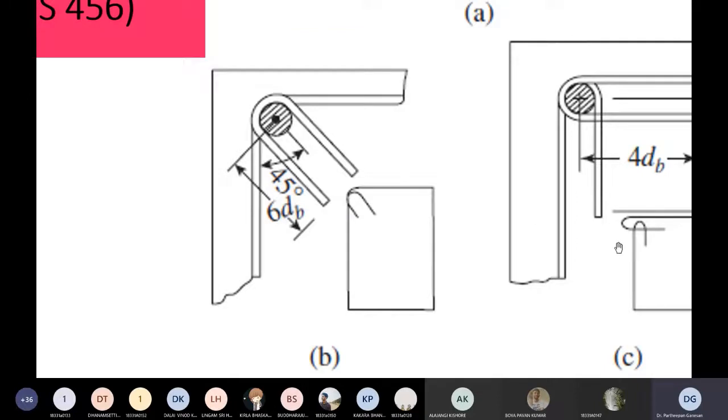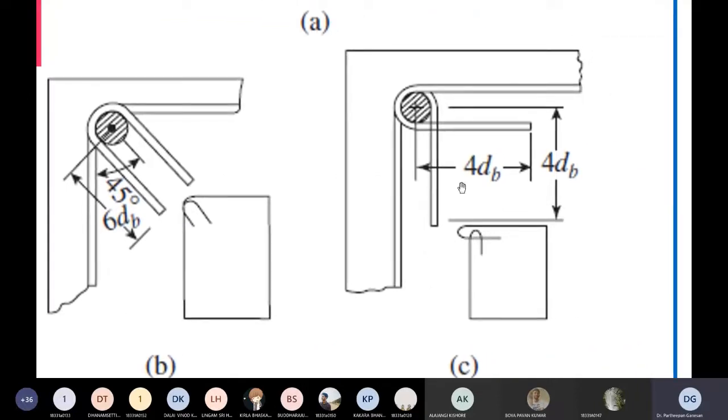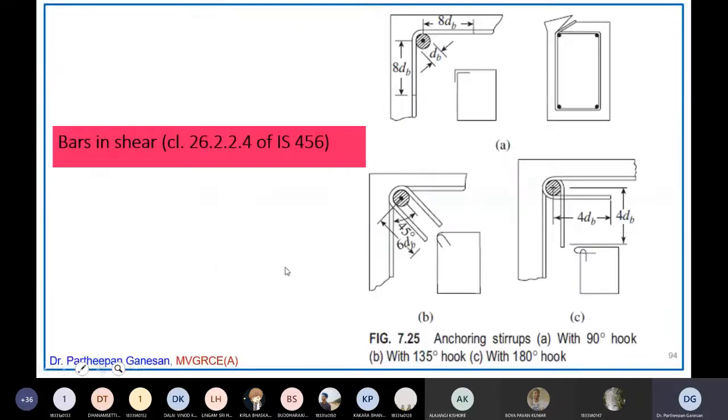Now suppose you are bending in some other form, at 180 degrees. This is also 180 degrees. Then from the center it should be 4 times the diameter, and this also from the center should be 4 times the diameter. So that is what is shown here. Okay.